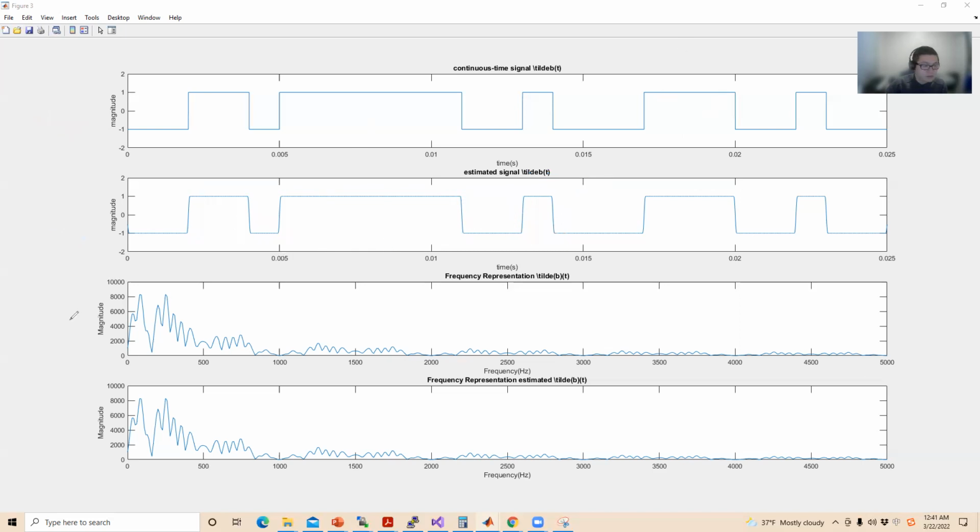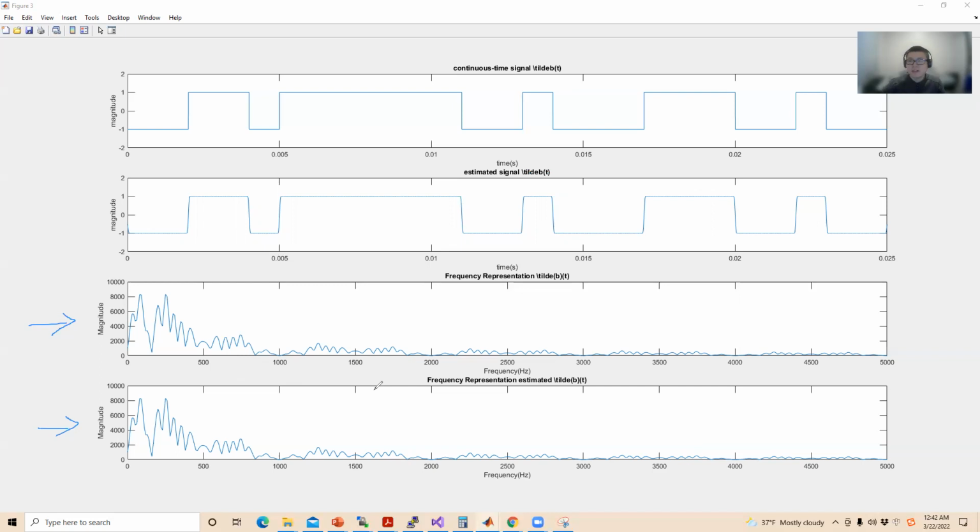Okay. So the third and fourth figures are for the frequency representation of b hat of t and b of t. You can see I think they are the same in these two figures, which means I think my operation is correct.